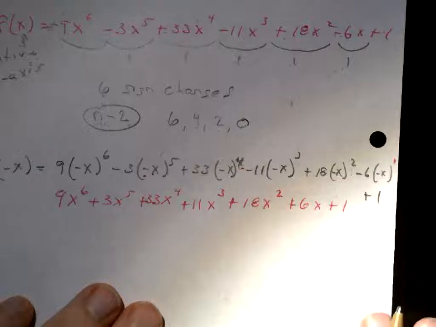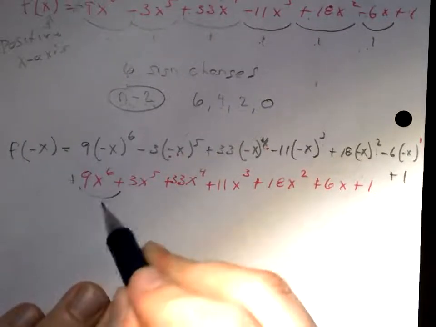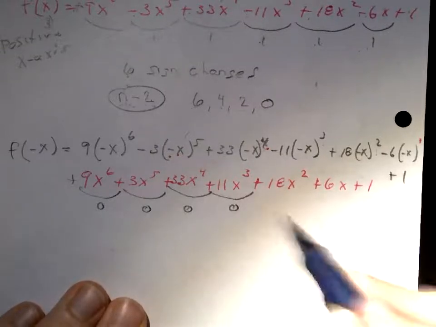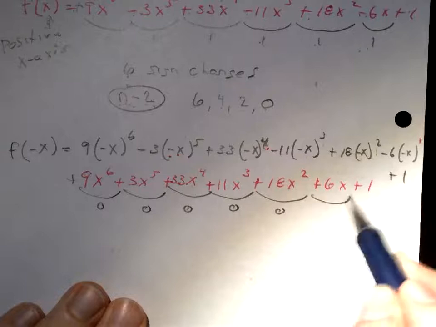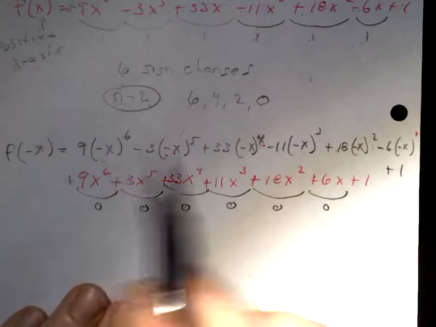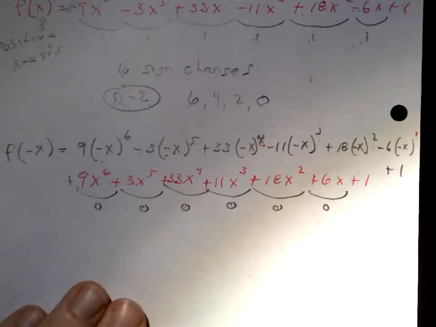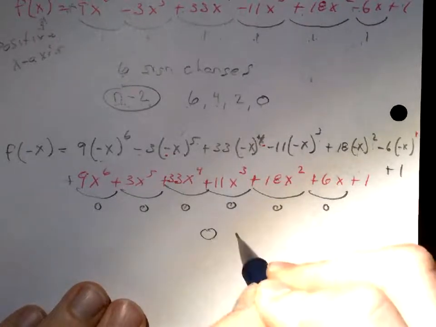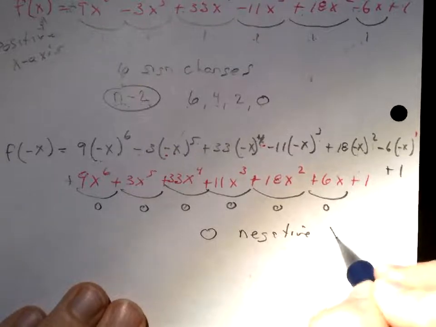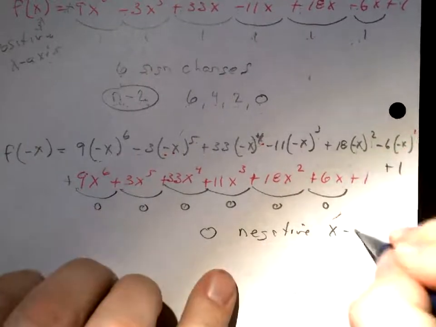All right, now let's count how many sign changes we have. Well, we have no, no, no, no, no, and no. Make sure we did that right, just with the x's. Okay, did that right? That means that we have no negative x-intercepts.